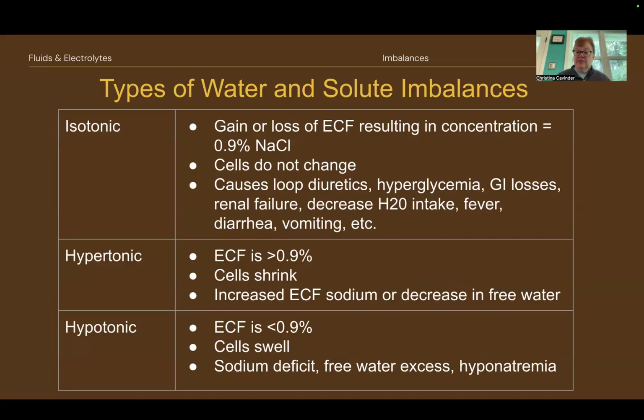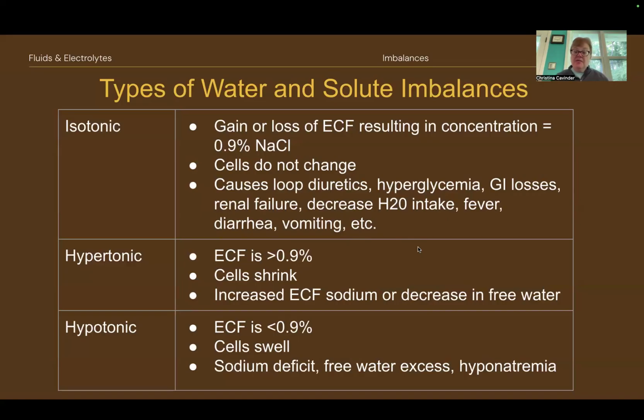Renal failure, short period of time. Decreased water intake, fever, diarrhea, vomiting, those kinds of things. Now, those are all short term. If these things like hyperglycemia, vomiting, diarrhea, fever go on for long periods of time, then we run into other issues and it switches to more of a hypertonic or hypotonic imbalance.